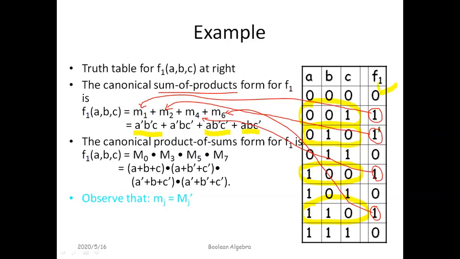So only 0 outputs will be considered. So there is the first one, the fourth one, the sixth one, and the eighth one. So there are 4 as well.